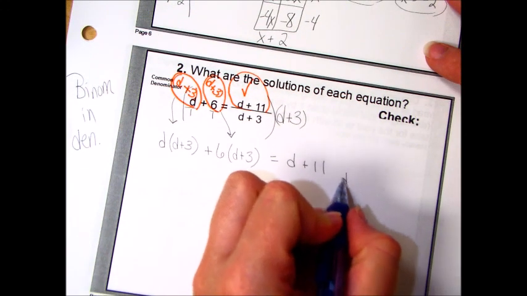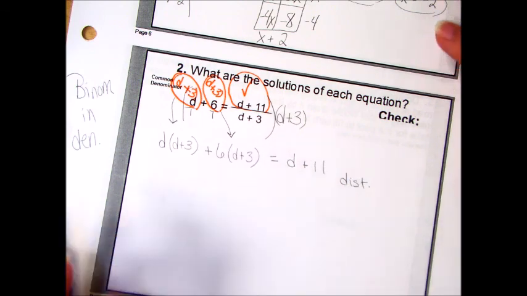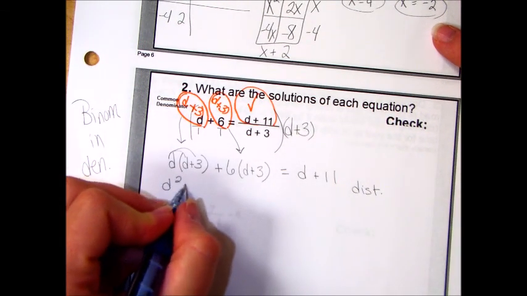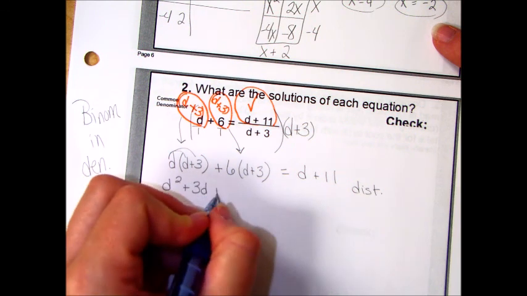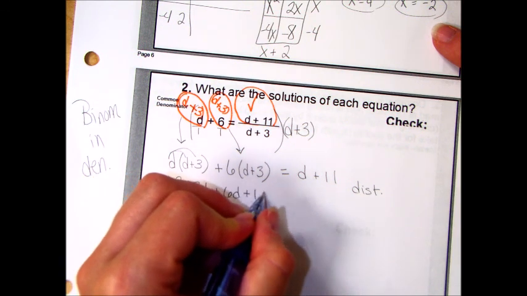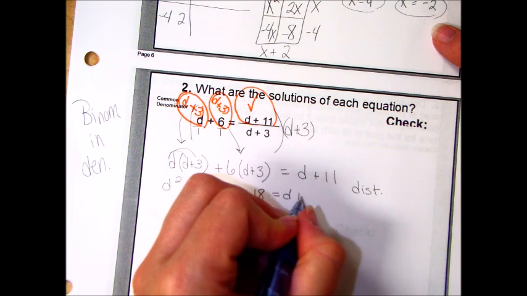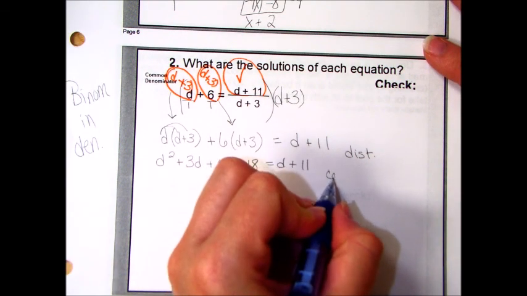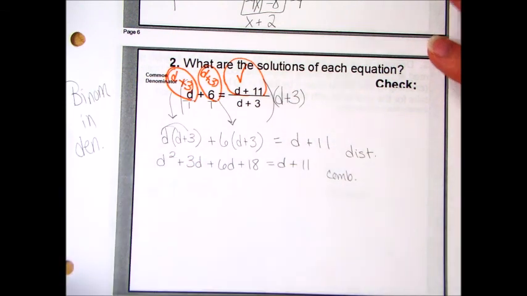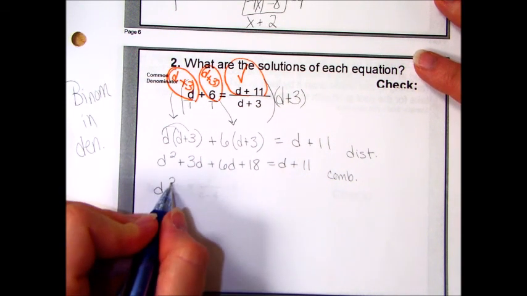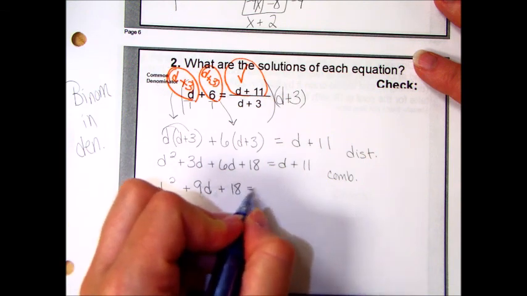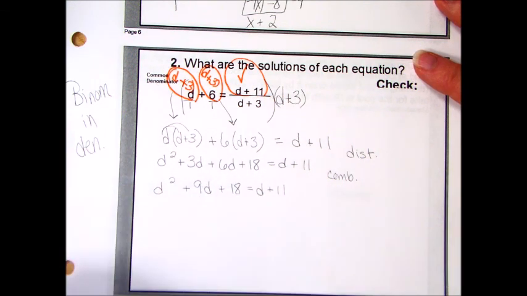Alright, now I need to distribute. So when I distribute in, I get d squared plus 3d plus 6d plus 18 equals d plus 11. Now I need to combine my like terms. That's d squared plus 9d plus 18 equals d plus 11.